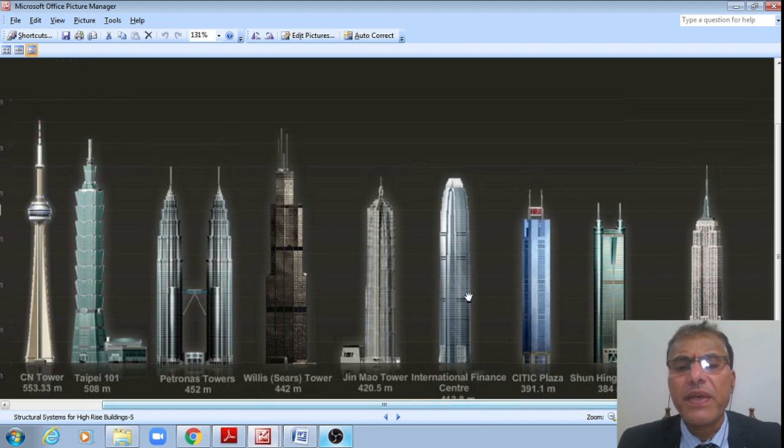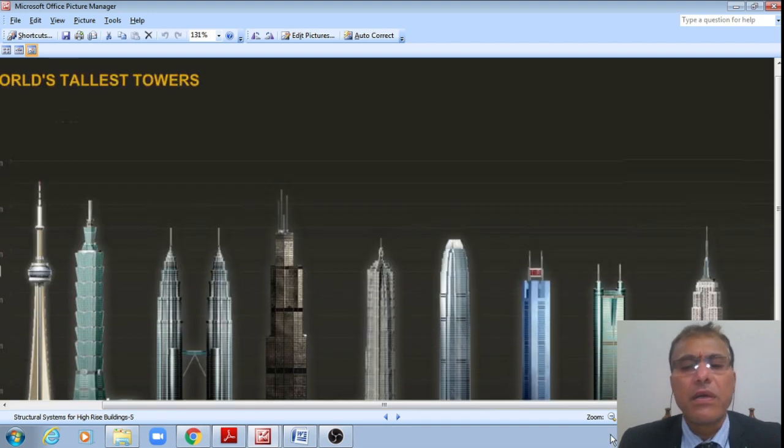International Finance Center, approximately 442 meters, and this is City Plaza, approximately 391 meters, and this is Shun Hing Square, approximately 384 meters, and the last one is the Empire State Building, 381 meters.